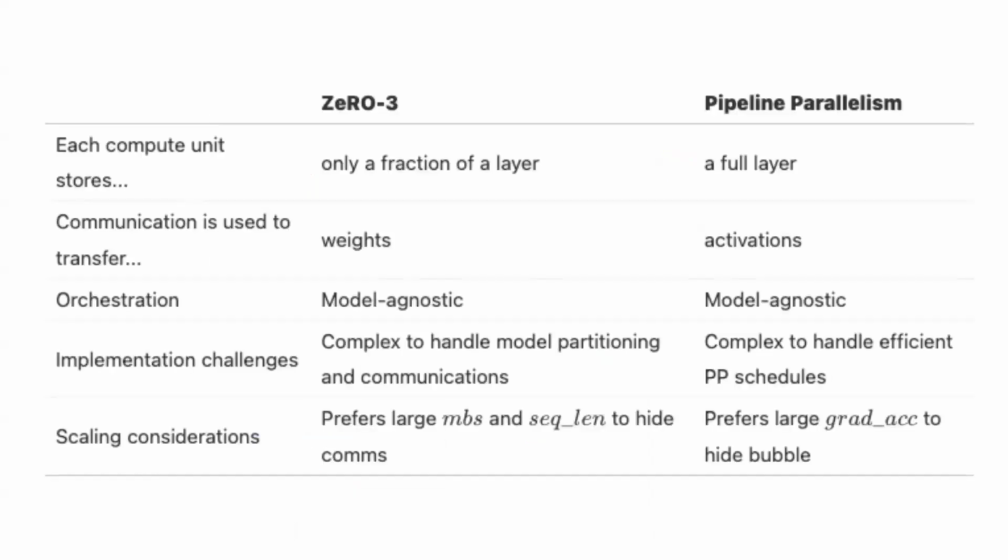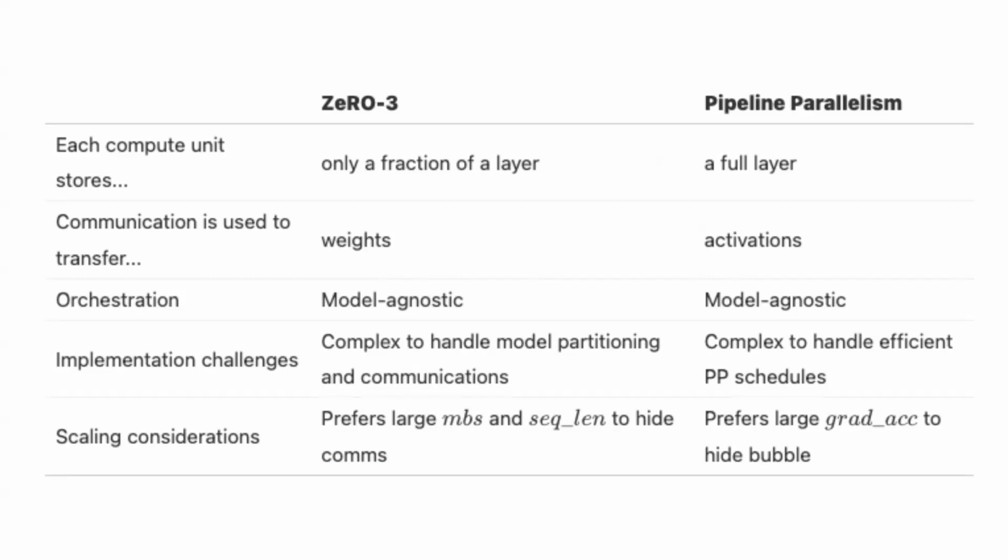In the book, we have a nice comparison between ZeRO-3 and pipeline parallelism as a way to shard the model parameters. The core idea is that in both cases, we shard the weights, but the different thing is what we communicate.